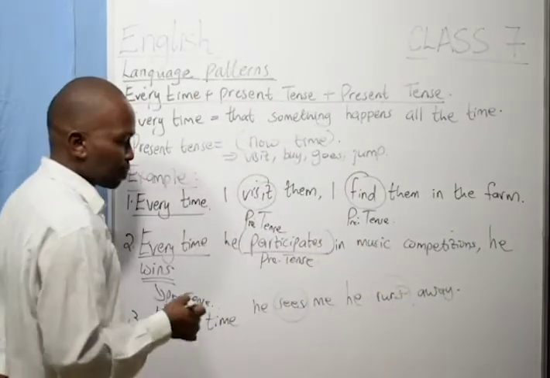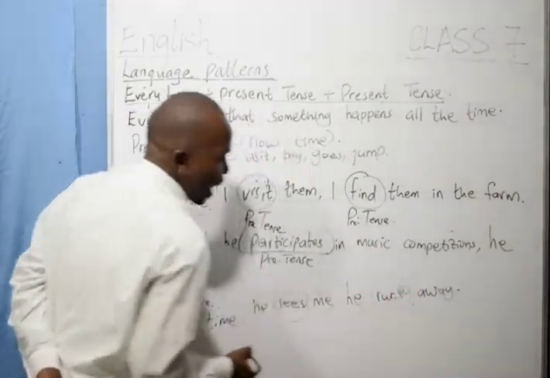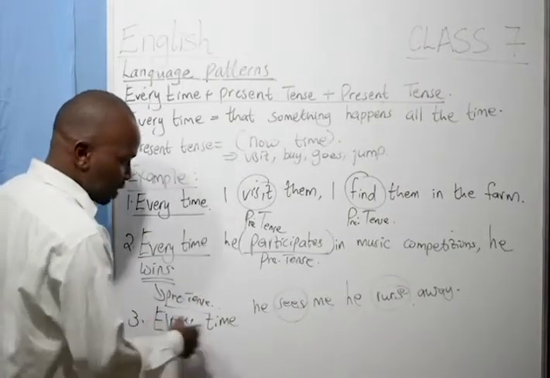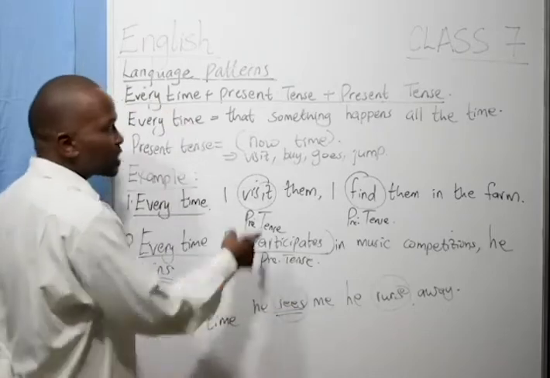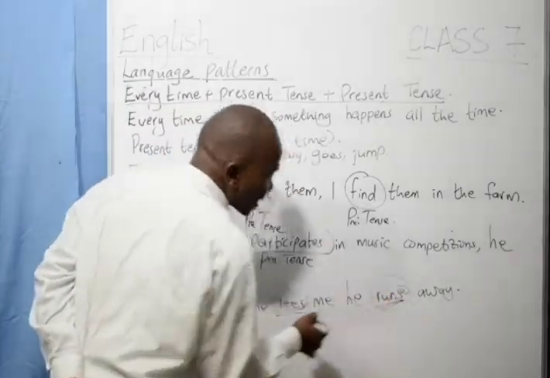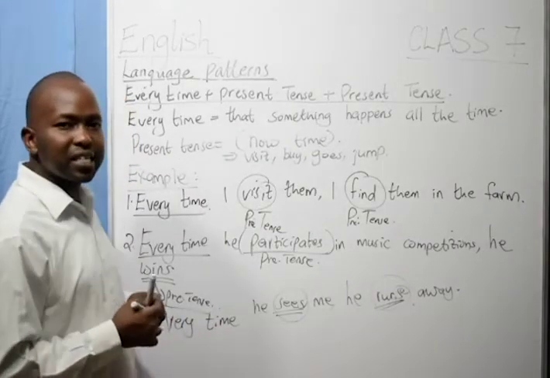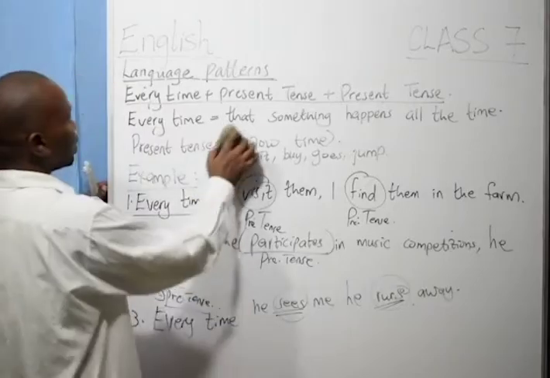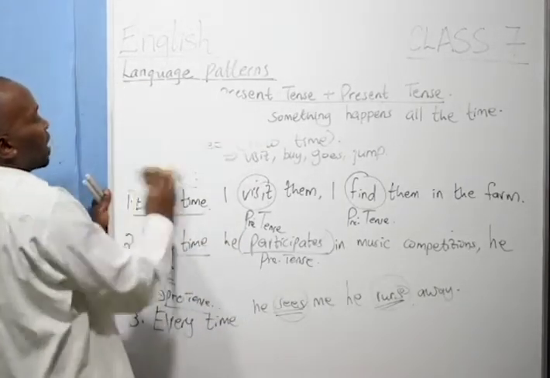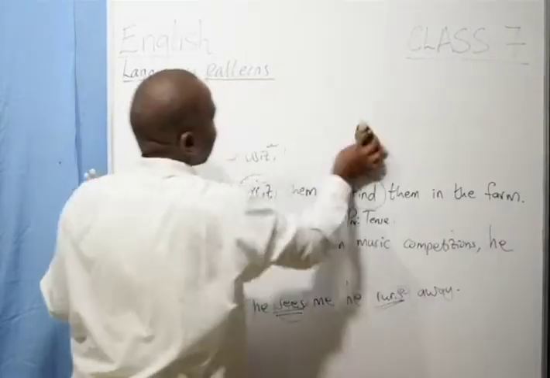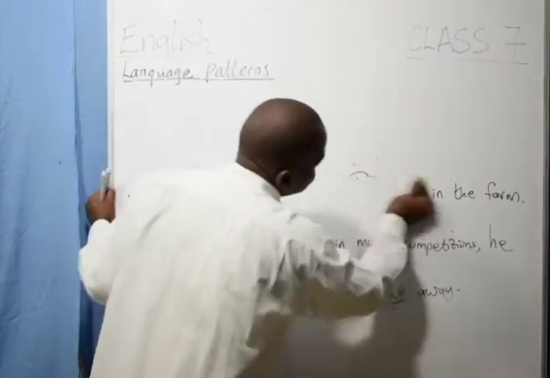Every time he sees, a verb in the present tense. He runs, a verb in the present tense. Every time he sees me, he runs away. So, we shall try in our books to construct similar types of sentences, and I'm sure you're going to make it.